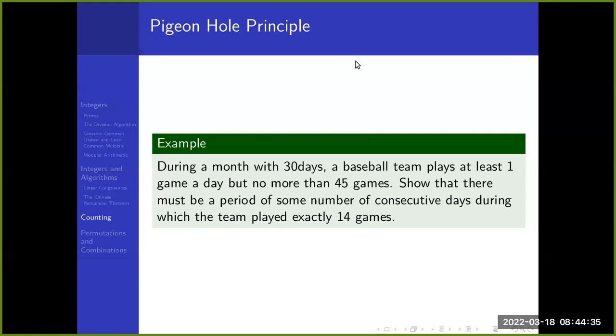Basically, there will be 30 days, and we need to find a sequence of days, say if they started from day 3 to day 4 and so on. We don't know how long this will be for now, but it should be a series of consecutive days during which they played 14 games.